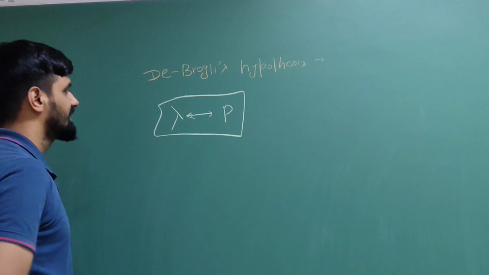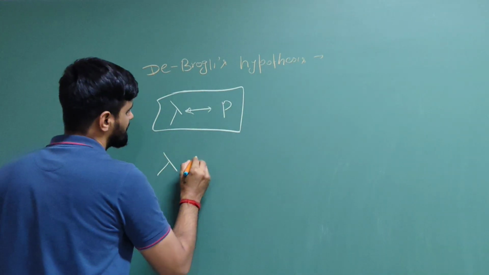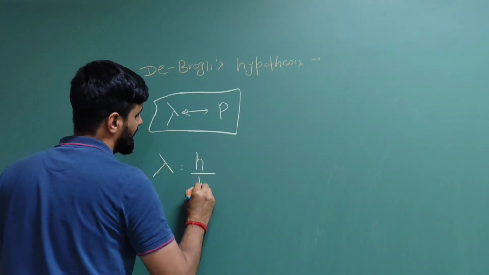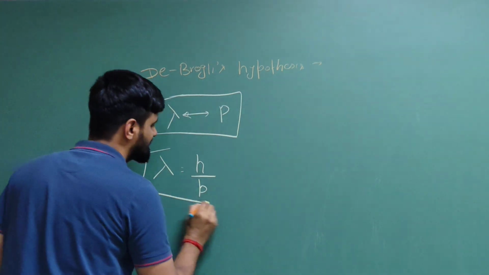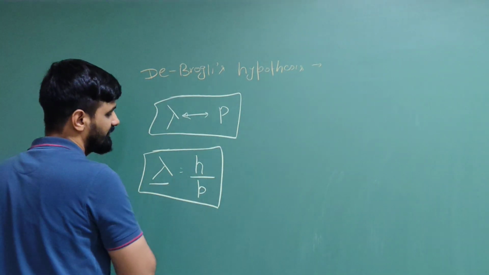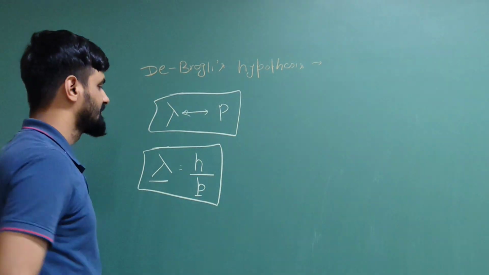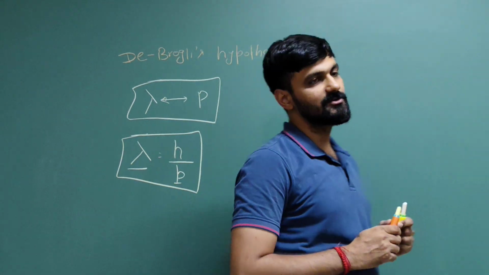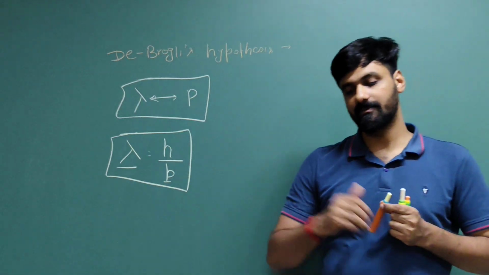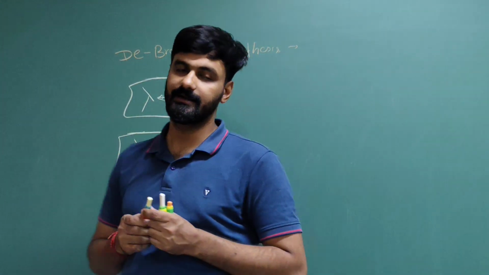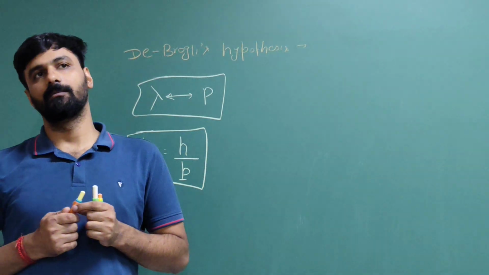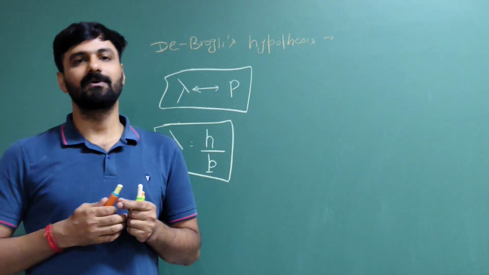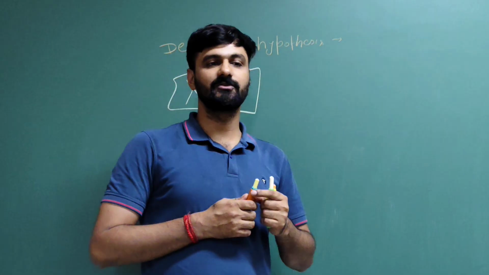So lambda equals h divided by p. This is how the wavelength of the associated wave relates to the linear momentum. Schrodinger took it very seriously and went back to his work, and in early 1926 he published a series of papers deriving the Schrodinger equation.